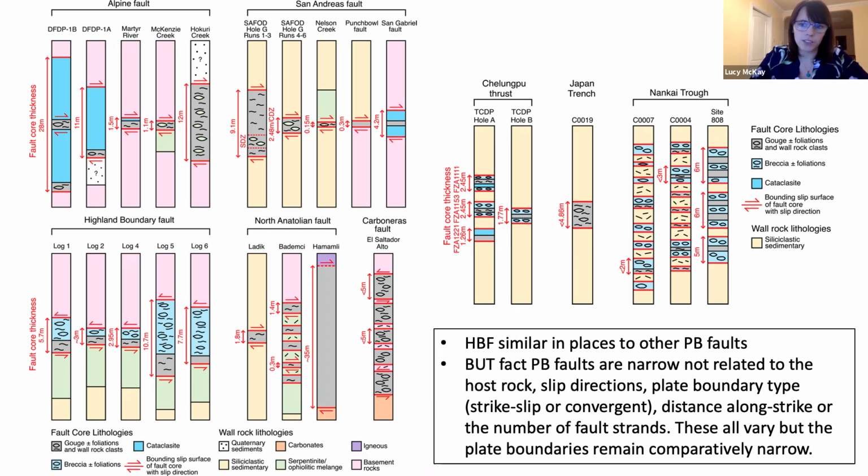But in comparison to all the data put together, the fact that they're narrow doesn't appear to be related to the structure, because everything varies: the host rock, the slip direction, the plate boundary type. But in all instances, the plate boundaries remain comparatively narrow. So we can only really say that the Highland Boundary Fault is comparable to other plate boundary faults in terms of fault core thickness. But this in itself does have implications for how earthquakes behave.